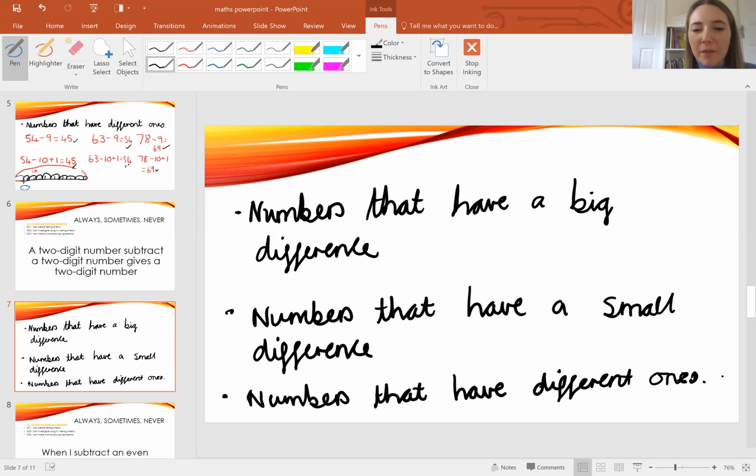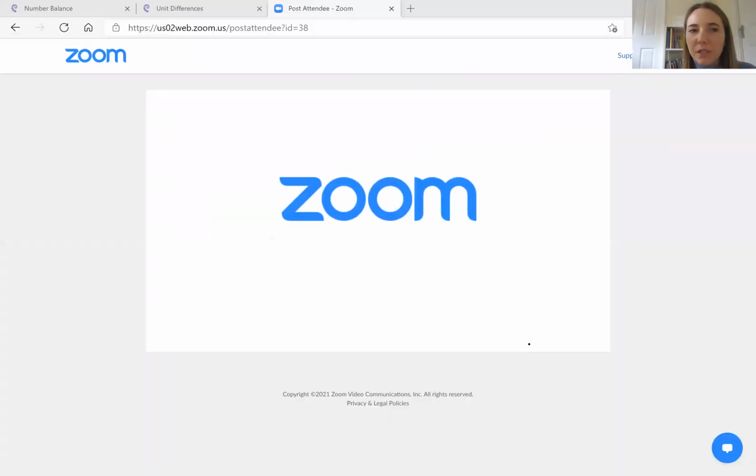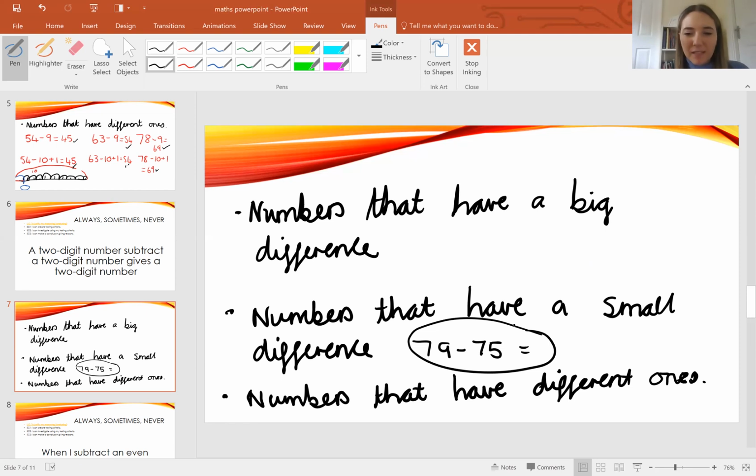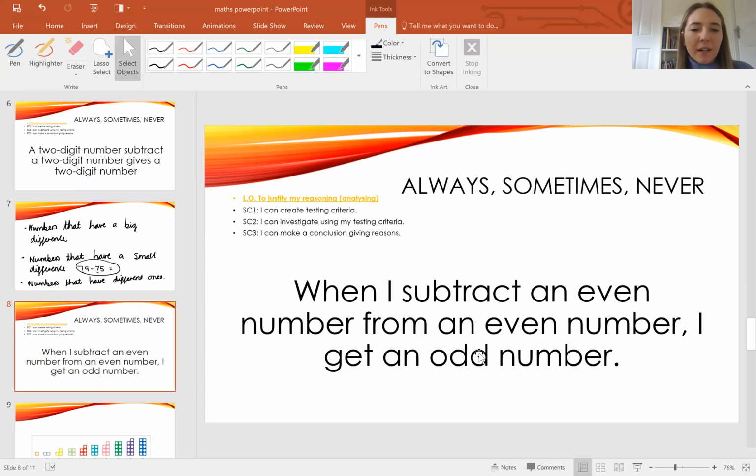You should have found out that numbers that have a small difference, so for example 79 take away 75, will actually give you a 1-digit number rather than a 2-digit number. So well done. And that's because you're taking away the same amount of 10s, so you're left with only 1s. Well done, everybody.